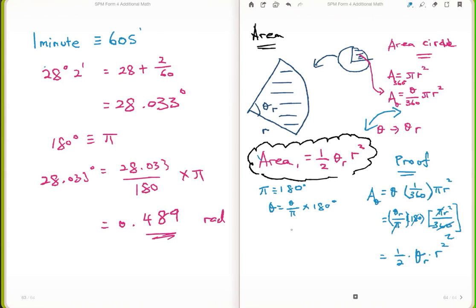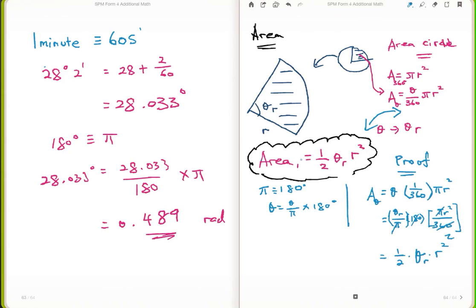You get the radian. This is kind of like a side note for you. You may pause this video, rewind to the previous page on how to get the proof. So this is the second equation, area.